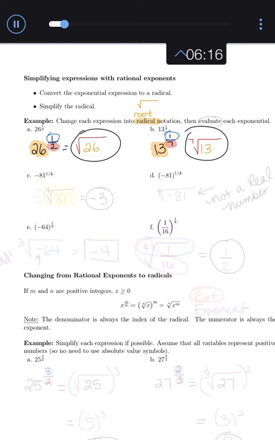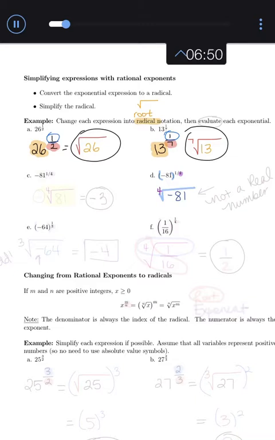Well, notice the one that has the parentheses around the negative is going to be the one that has the negative on the inside of the, in this case, what kind of root is it? It's a 4th root. So I've got a 4th root of, again, the negative 81 is inside the parentheses. So the negative 81 will be inside the 4th root.